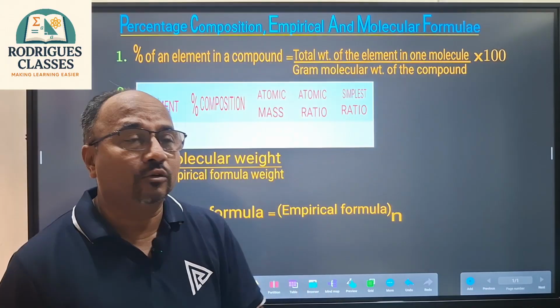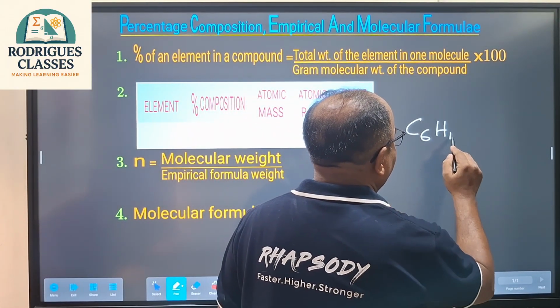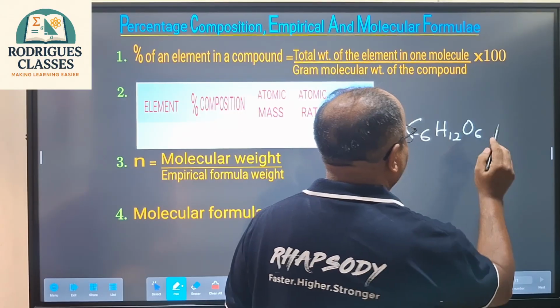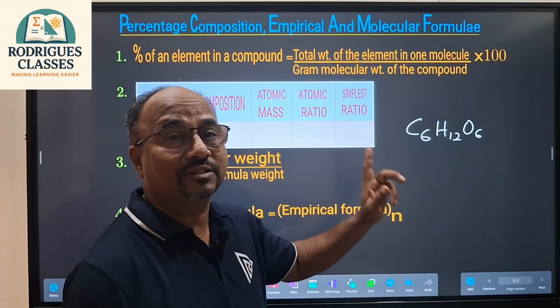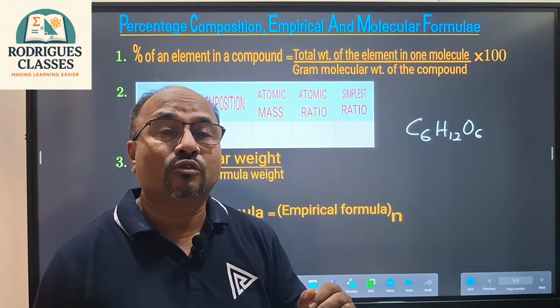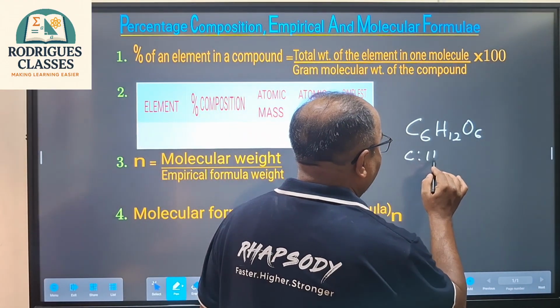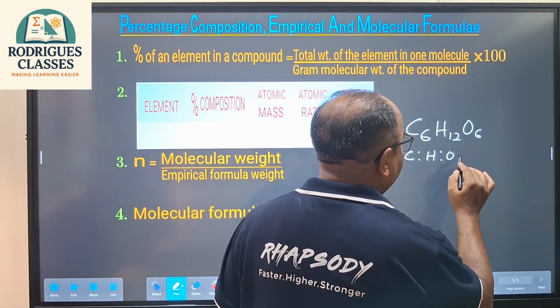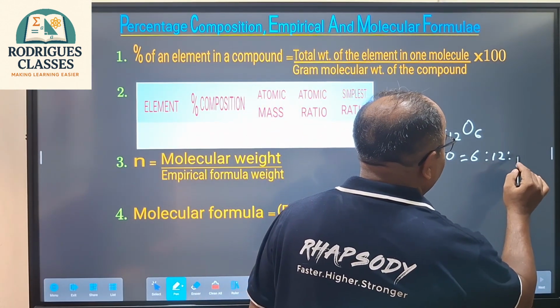So if you take a look at a compound, like for example C6H12O6, this is not in the simplest form. Carbon is present as 6, hydrogen 12, oxygen is 6. If I put them in terms of a ratio of carbon, hydrogen and oxygen, it will be written as 6 is to 12 is to 6.